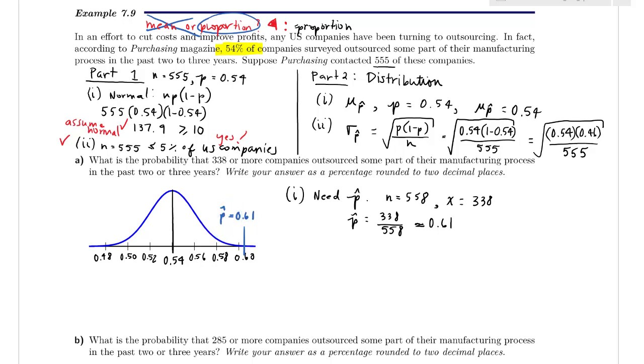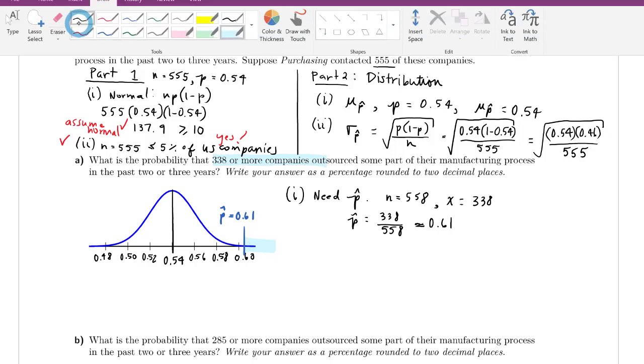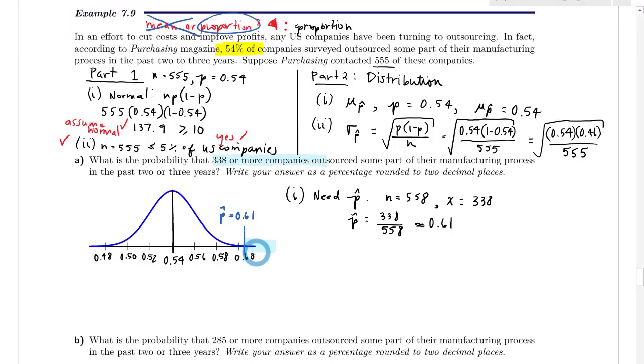So that means I'm getting, let's see, or more. So or more, what does that mean? To the left or to the right? What's more? Well, a bigger proportion, right? So over here. It is really small, so I can only see that this is going to be a small probability. Okay, so now that we got that done, now I can go ahead and put it in my calculator.